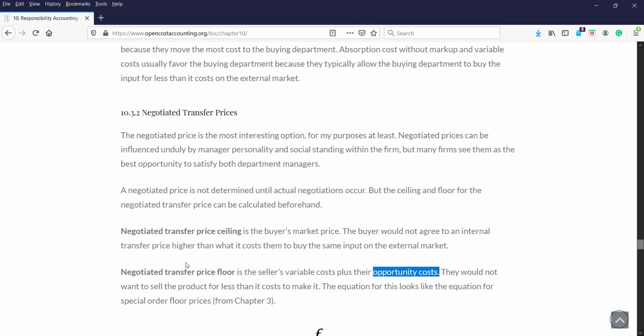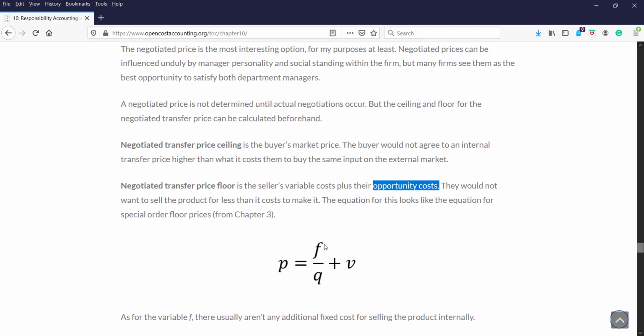That was the price floor for our special order decisions in Chapter 3. Very similar: fixed costs over quantity of the order plus the variable cost per unit. So that this F over Q gives us the fixed cost per unit that we need. And so those two together give us a per unit price, the minimum price.